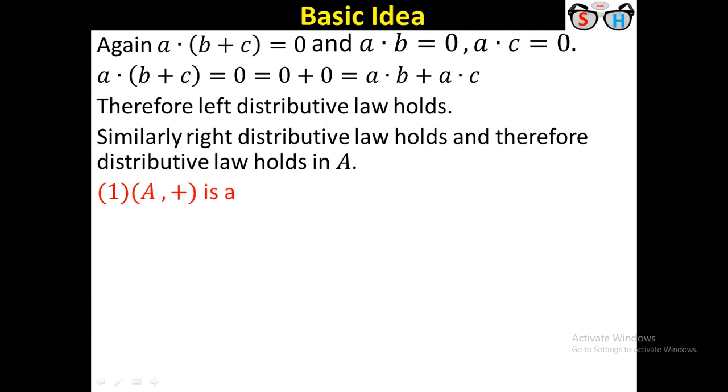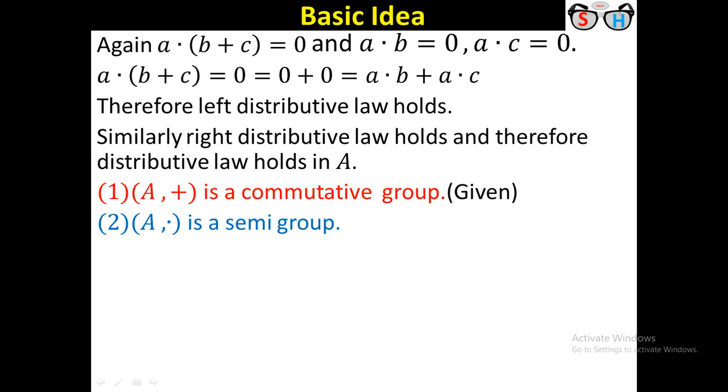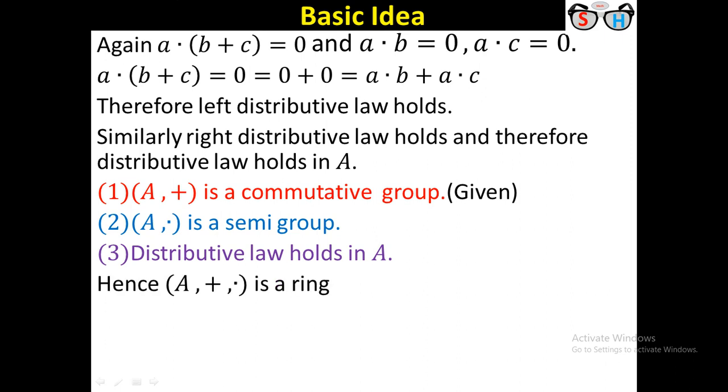So we see that, number 1, (A, +) is a commutative group, which is given; (A, dot) is a semigroup; and at last we showed that the distributive law holds in A. So (A, +, dot) is a ring. This ring is called the zero ring. So what is a zero ring?